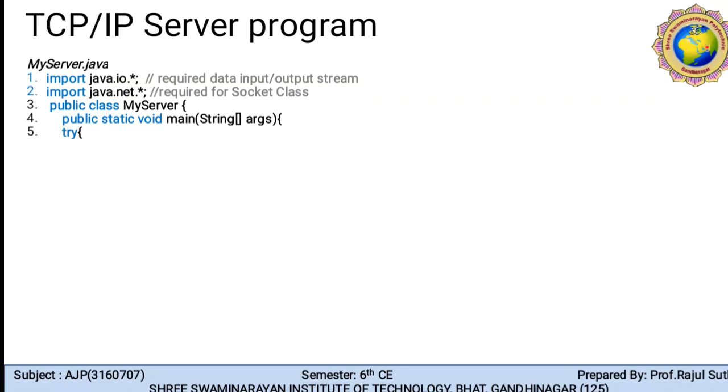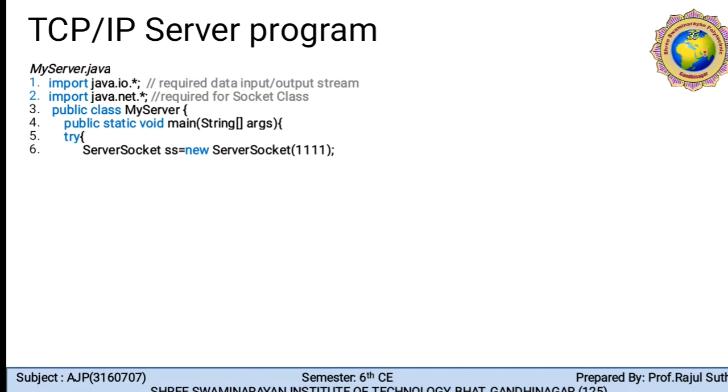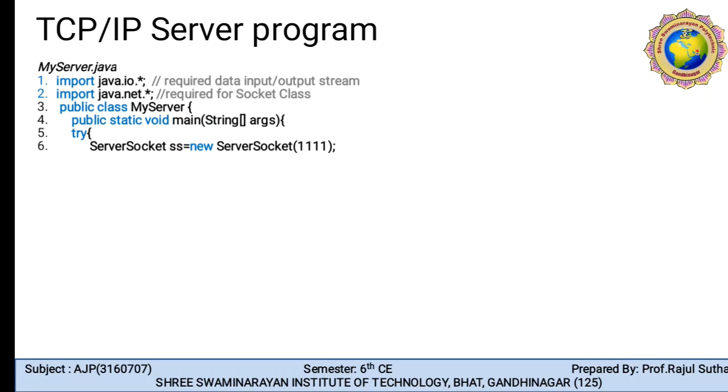Then import java.net.*, required for the socket class. Then public class MyServer, public static void main(String[] args). We are using the try and catch block. Try ServerSocket ss = new ServerSocket(1111), where the port number used is 1111.